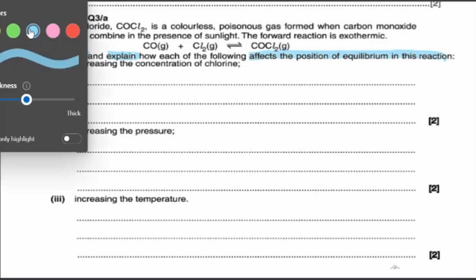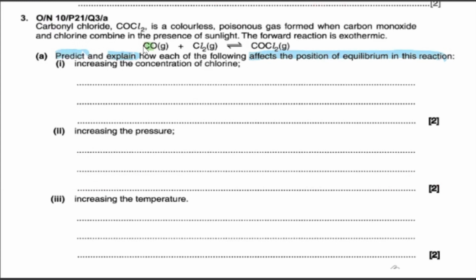So this reaction is where we have carbon monoxide, a gas, combined with chlorine, giving you COCl2. And this is a balanced equation. Both reactants are gases, and this is also a gas, so on the reactant side we have two volumes altogether, and on the product side we are just getting one volume.